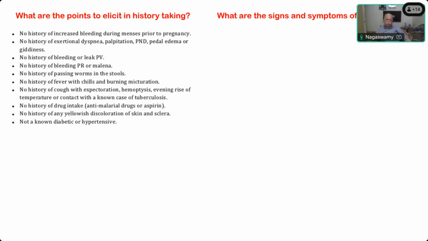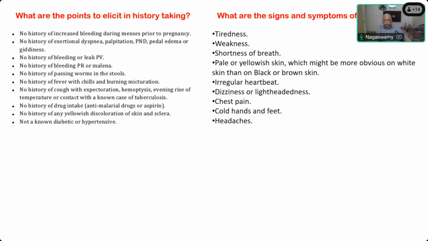Next, you must ask to ascertain whether it is anemia which is the pathology in the patient. What signs and symptoms will these patients have? What will be the early feature of anemia in a patient who was quite normal earlier? What is the first symptom they develop? Dyspnea on exertion and fatigue. Before that, tiredness and weakness, because the cells are not receiving adequate oxygen.